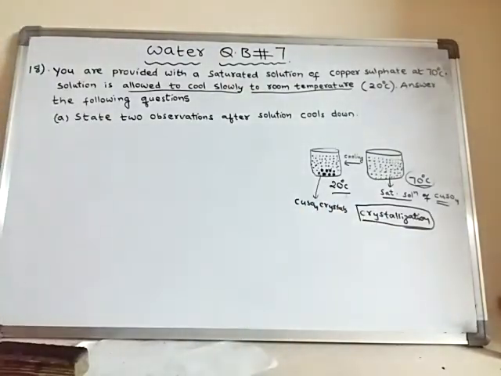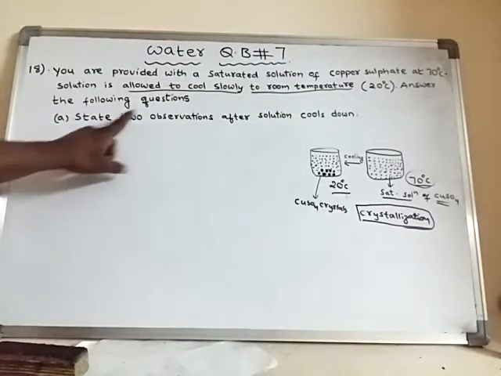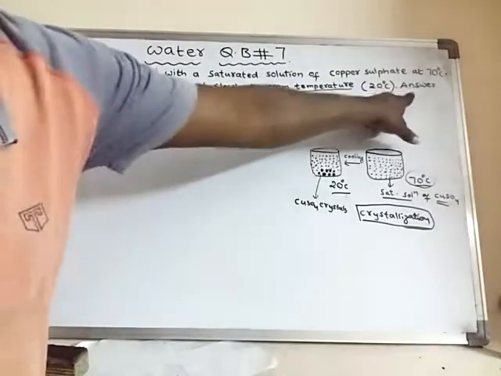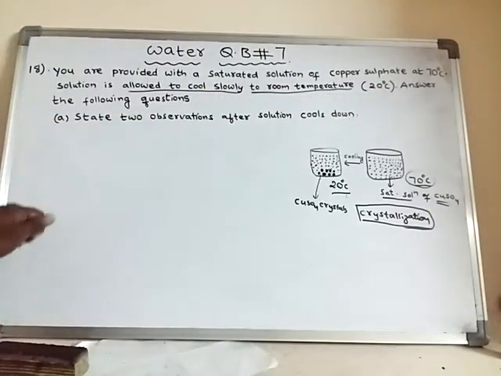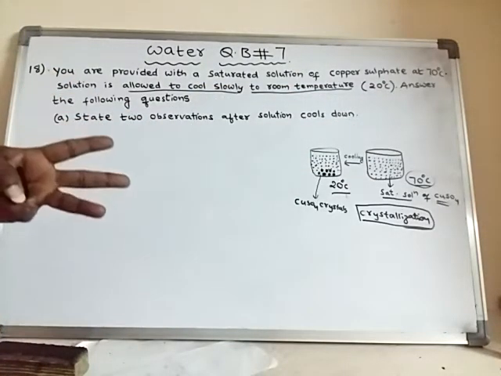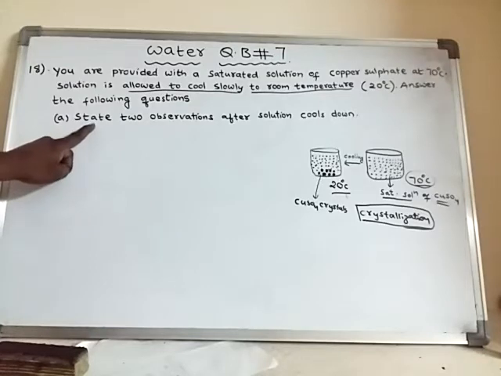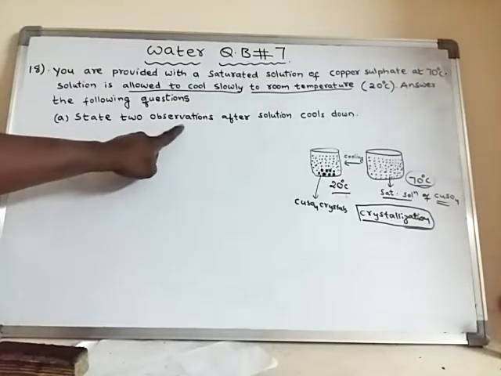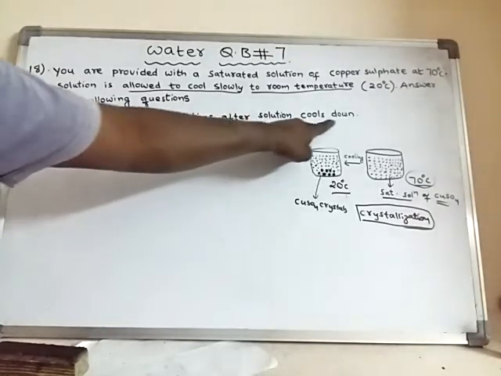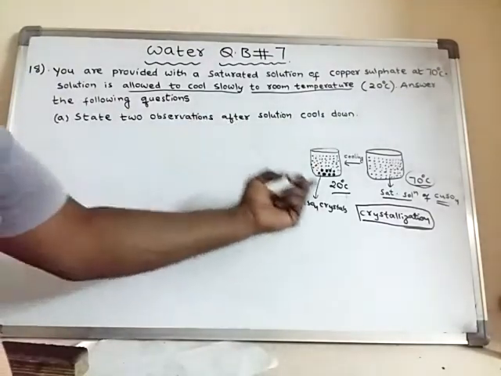So here in the question, we have to answer the following questions. There are 3 sub questions. One is, state 2 observations after the solution cools down. So what did you observe?